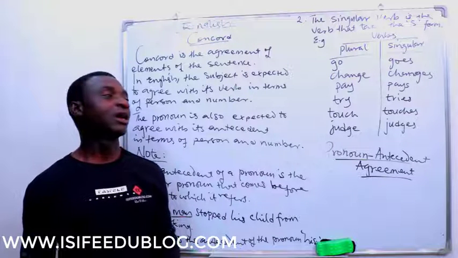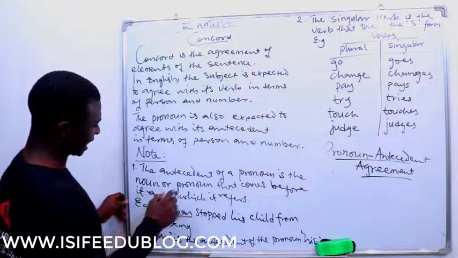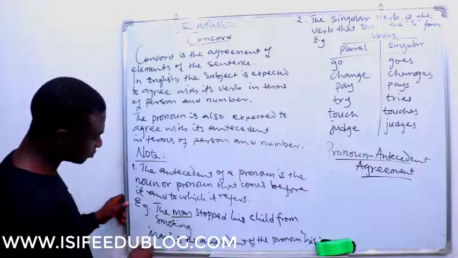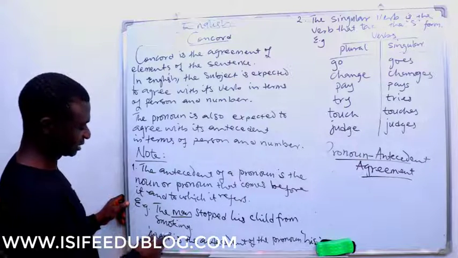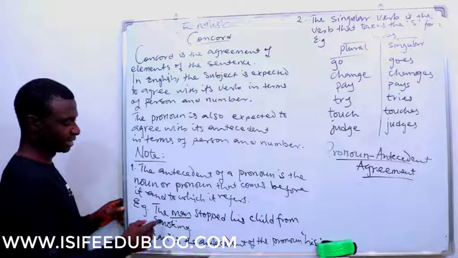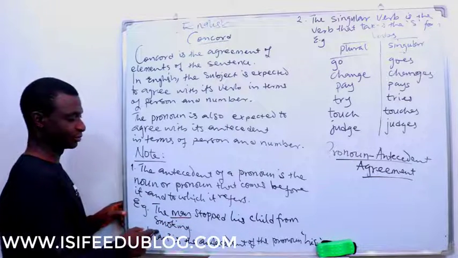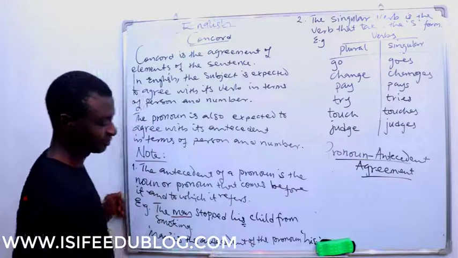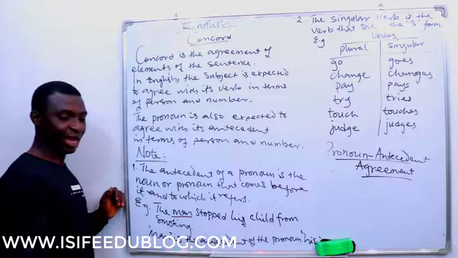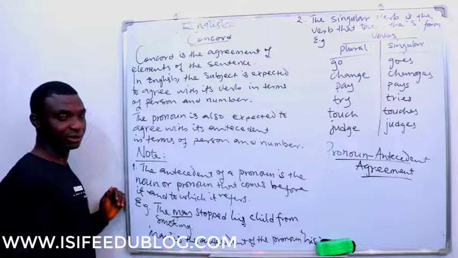Alright? The antecedent of the pronoun in this sentence, let's look at the sentence. The man stopped his child from smoking. Why do we have his in this sentence? We have his because of the noun man.